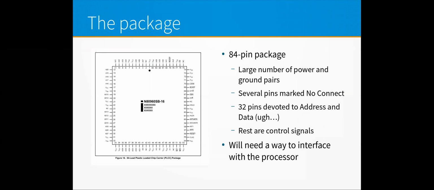So let's talk about what this package actually looks like and what we're going to have to do. There's a large number of power and ground pairs. I don't know if you can see it on this 84-pin package, but there's a bunch of these VSS and VCC groups. And these are power and ground pairs. According to the data sheet and the manuals, the reason why there's many of them is because each one powers a separate functional unit inside of the processor.